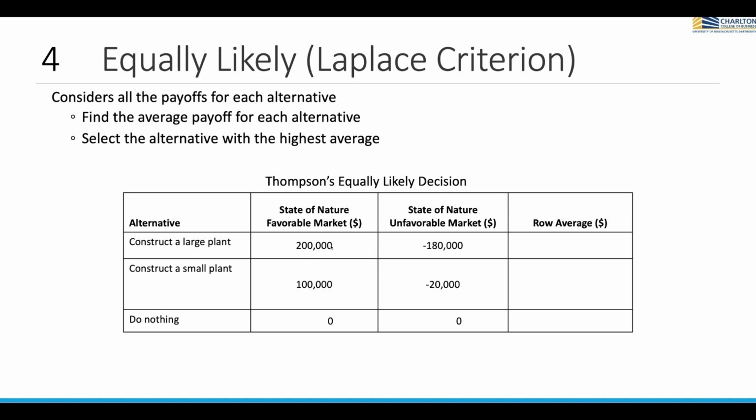The average of payoff between these two numbers is 200,000 plus minus 180,000 divided by 2. That would give us $10,000. Same thing, the average of these two numbers, 100,000 plus losing 20,000 divided by 2. That gives us 40,000, and for the next one, 0. So between these average payoffs, the maximum is 40,000, and we call it Laplace criterion or equally likely option.